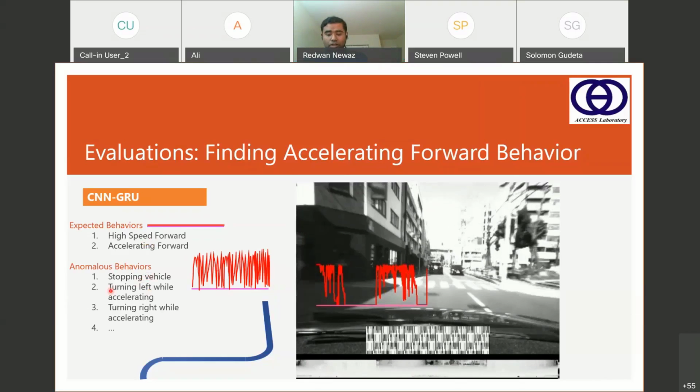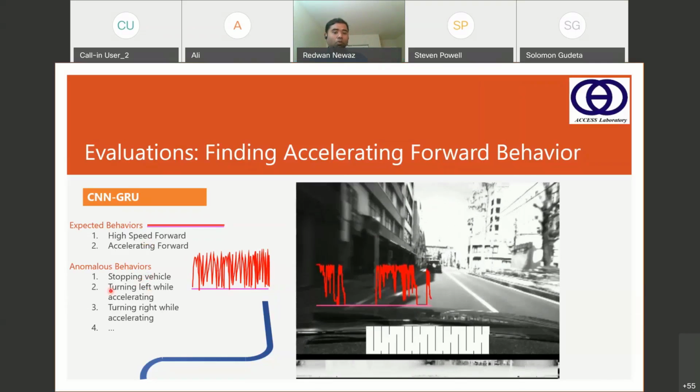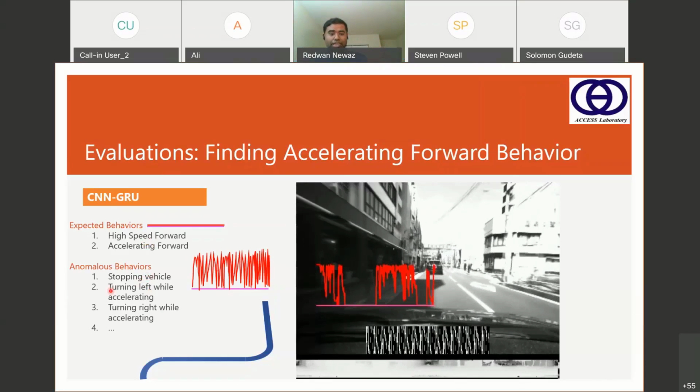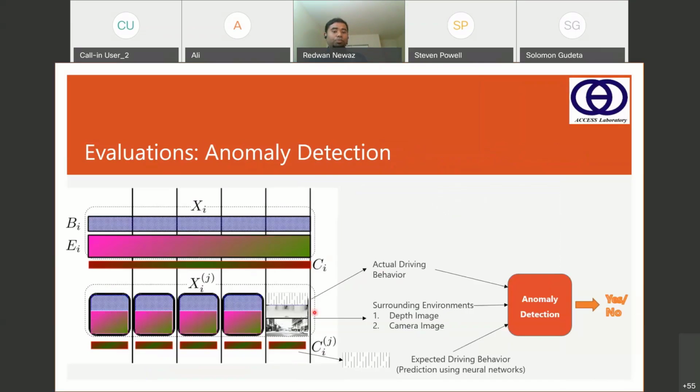And once the network learns each of the driving behaviors, we can actually use this information to predict whether our behavior is anomalous or not. Let me explain how. First, we have this actual driving behavior data from our multimodal sensors: we have CAN image, we have depth image, and we also have the front camera image information.